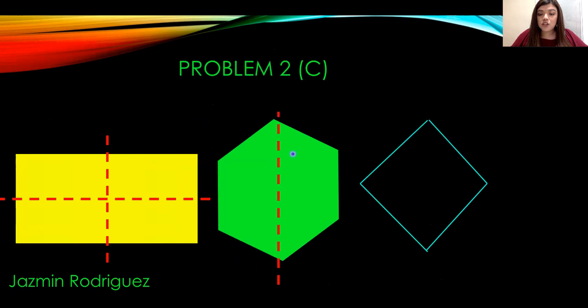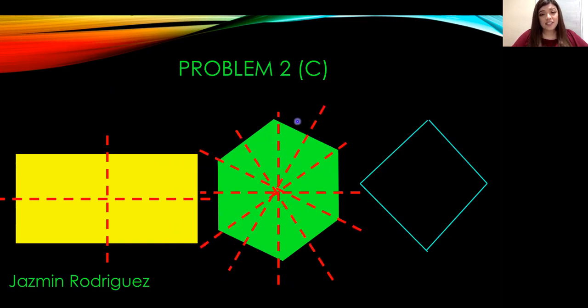Now let's move on to our other figure. And we have a hexagon. And oh, it has a line of symmetry. Awesome. Well, it also has 2, 3, 4, 5, and 6. Once again, it's only supposed to have one line of symmetry, so our hexagon will not work as well.